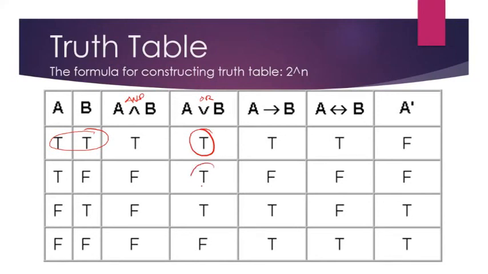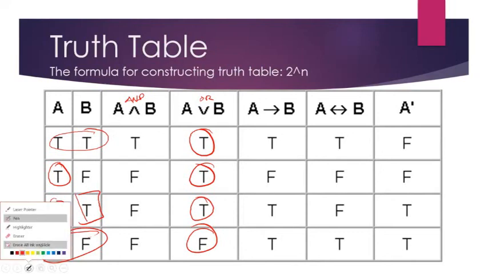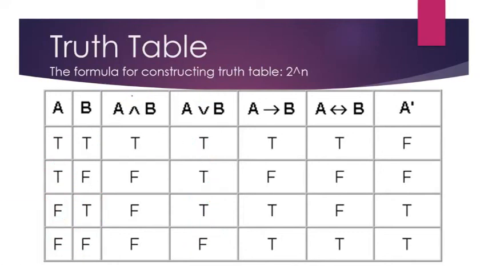True, false, true pa rin kasi isa sa kanila is true. False, true, true pa rin ang answer. Ito, both of them are false, so this is the time na magpo-false yung answer. Okay? So ito yung AND, ito yung OR.